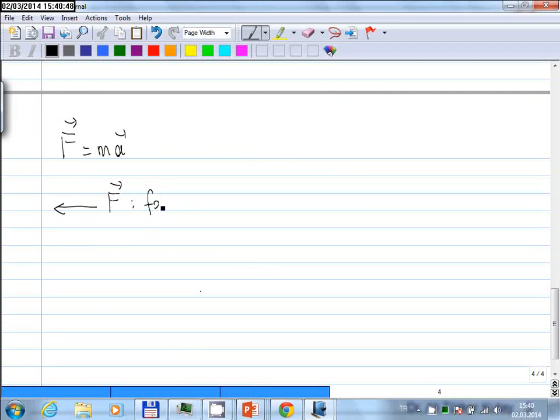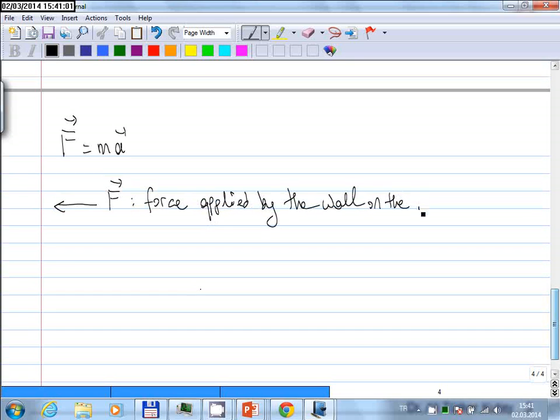So this is the force applied by the wall on the air molecule, and the same force in the other direction must have been applied by the air molecule on the wall, and this is due to the third law of motion, which is the action-reaction principle.